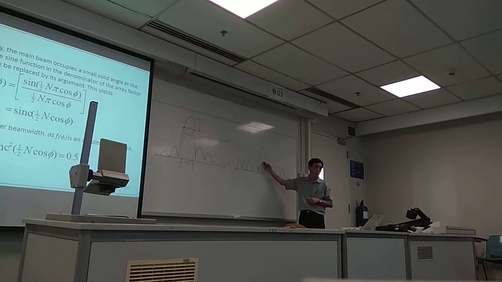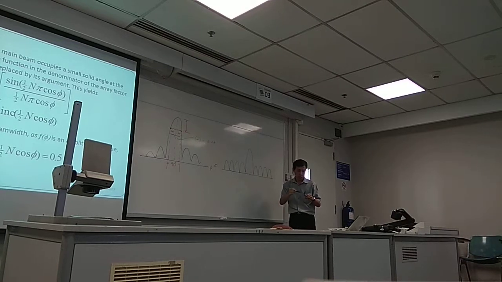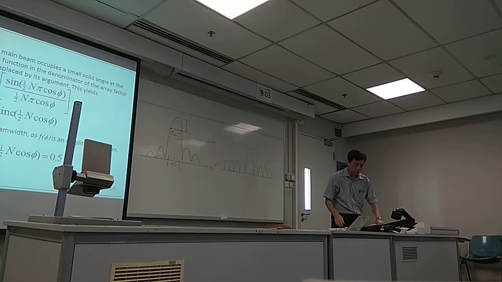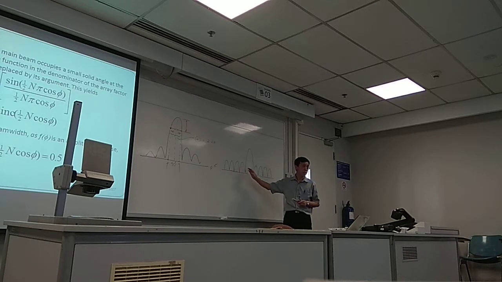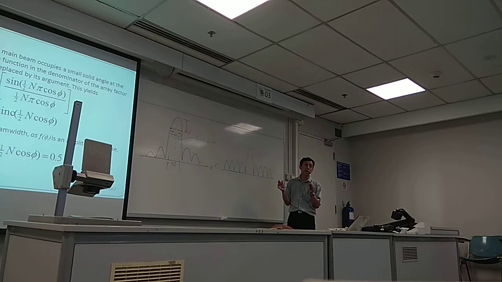this is your array beam pattern. You'll find that after obtaining the array beam pattern for inter-element spacing of half wavelength, using exactly the same array coefficients, you can actually stretch the array.